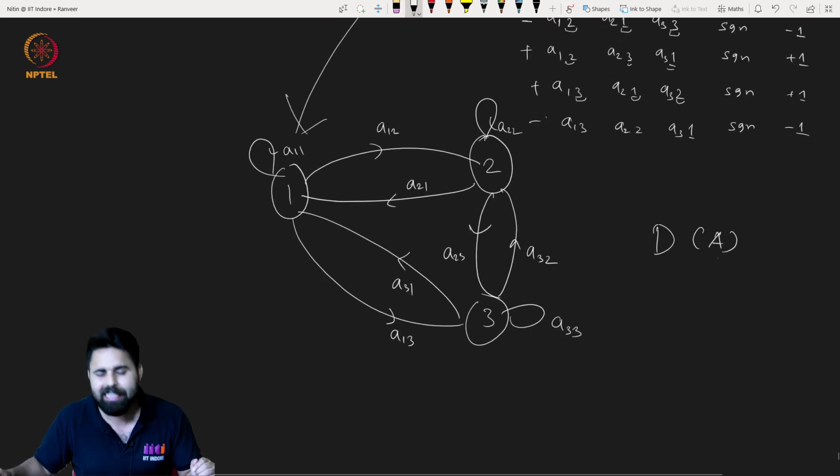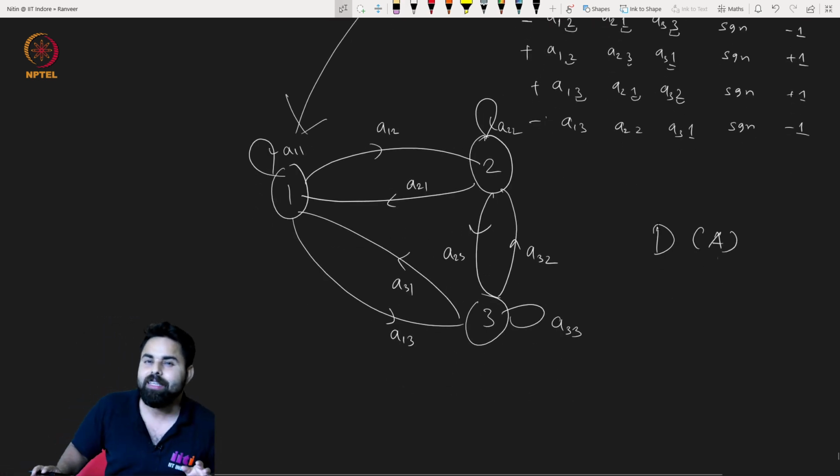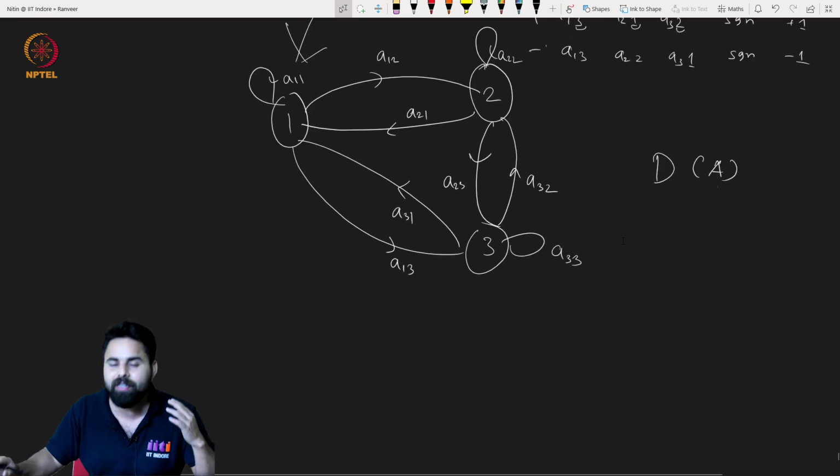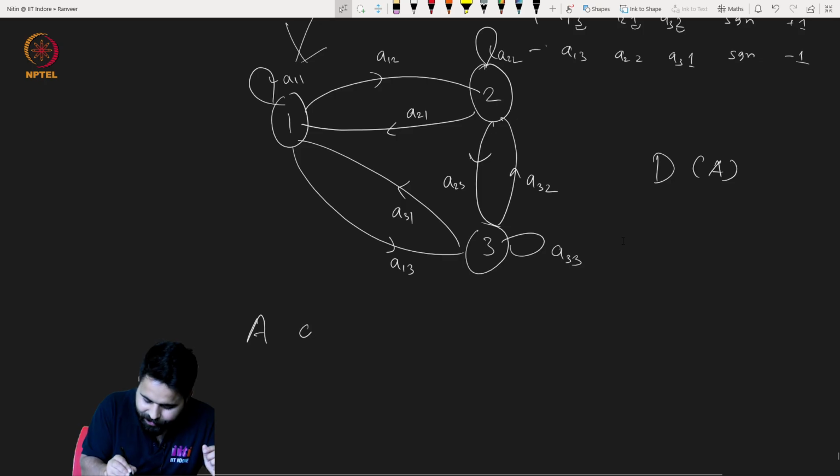Now once this diagram is formed, there is something called cycle covers. Let us see what we mean by a cycle cover.